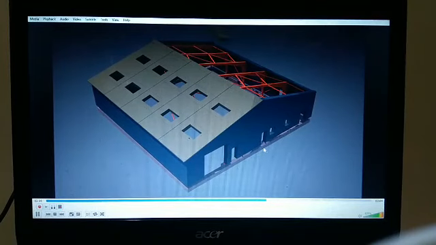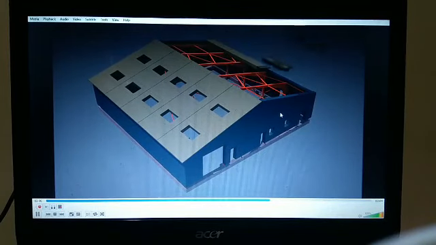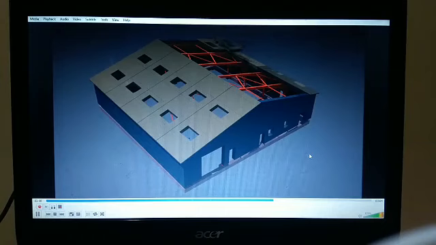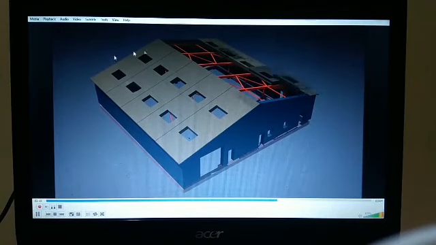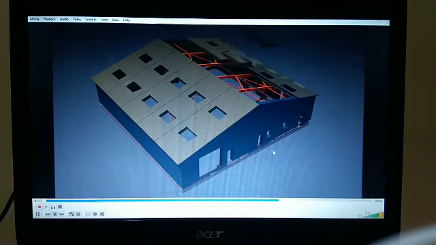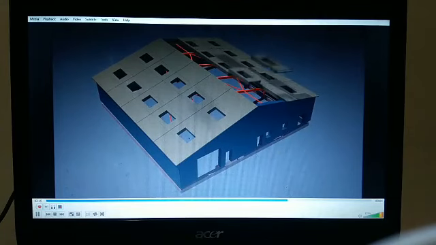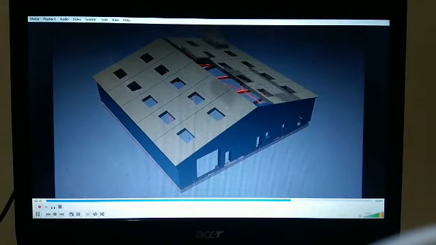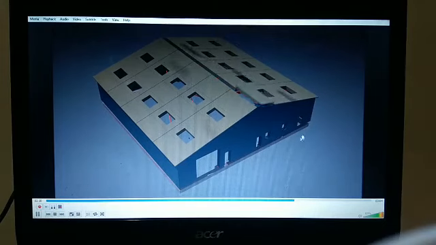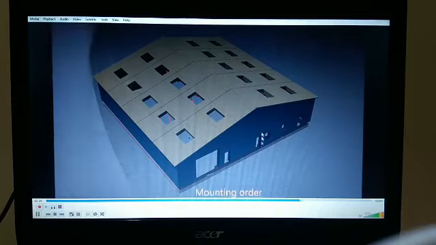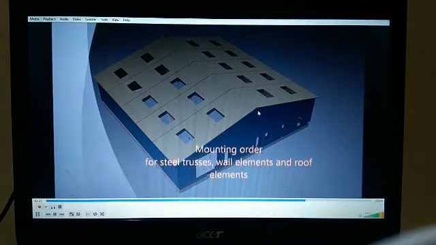This is how it is going to be constructed. It is completely prefabricated material, which can be erected at site based on the prefabrication drawings. This topmost portion is called the ridge.